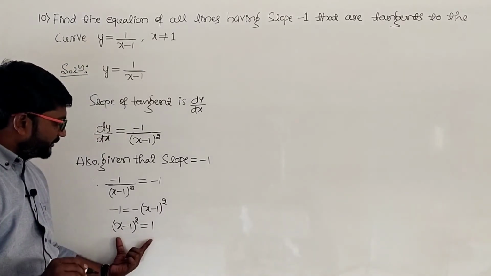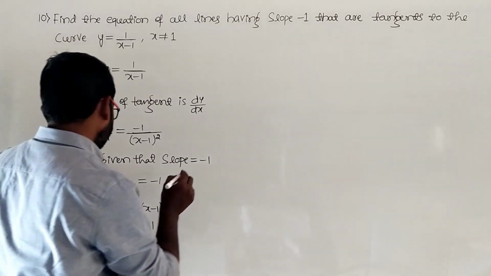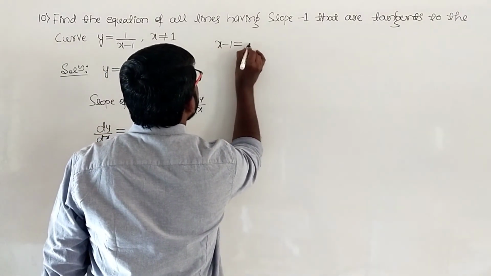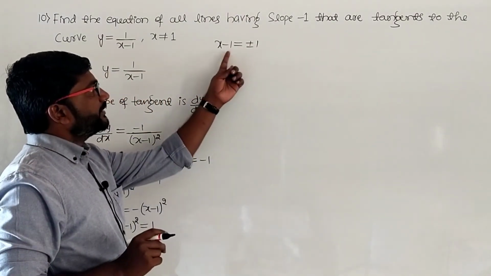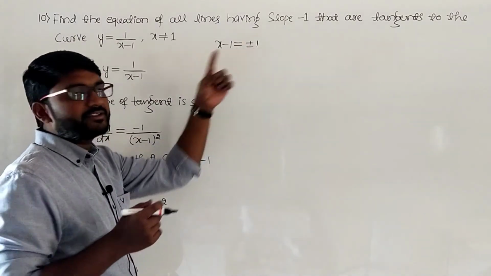Now x minus 1 the whole square equal to 1 means x minus 1 equal to plus or minus 1. That means x minus 1 equal to plus 1, one case. The other case will be x minus 1 equal to minus 1.